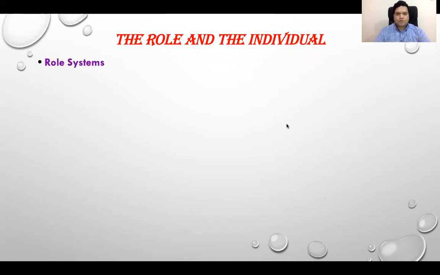Let's move to role and the individual. When a person becomes a member of a social system, he or she receives certain expectations from other members and responds to these, at the same time projecting his or her own expectations into the role.